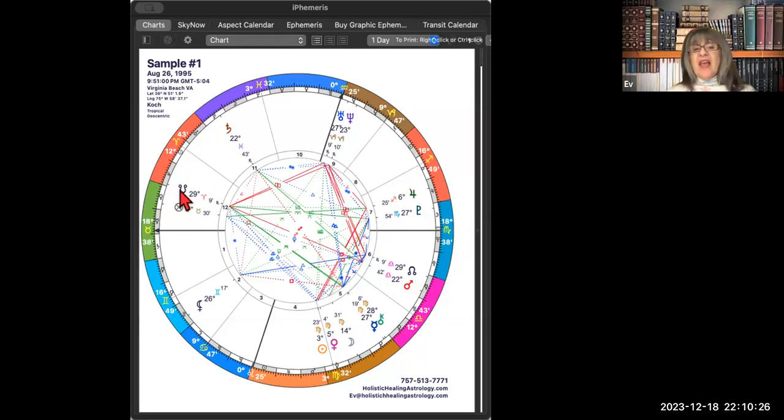And then we have the South Node in Aries, retrograde, 29 degrees, 9 minutes. So now we have the abstract points of the nodes, very personal, very important, and they have to do with eclipses, by the way. Little side note.